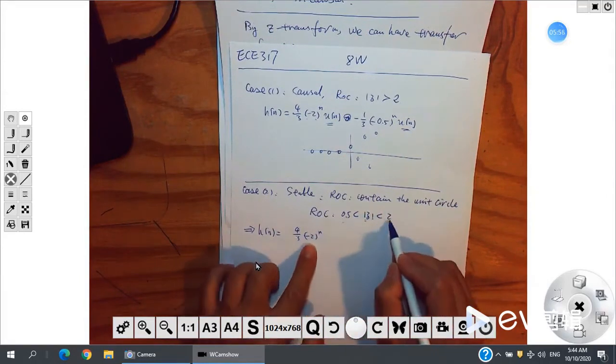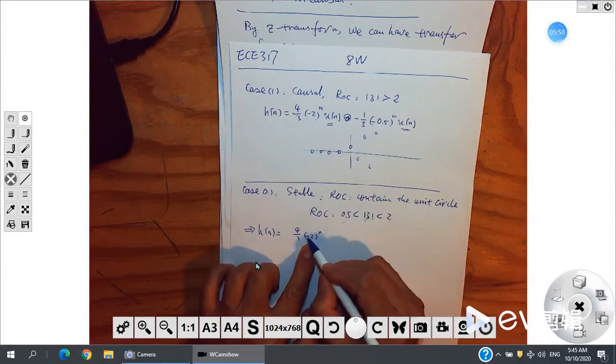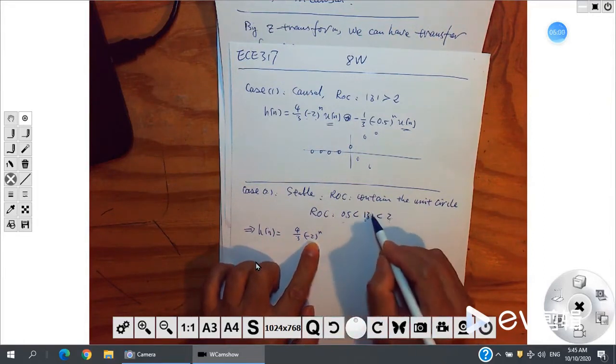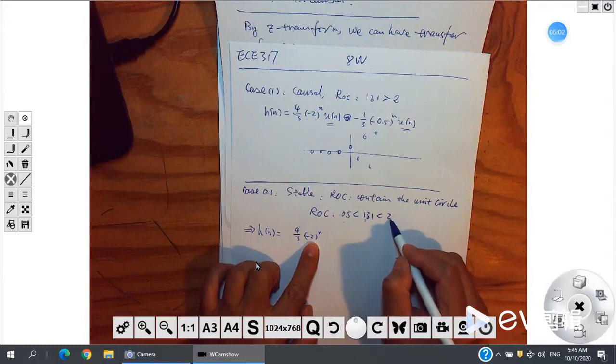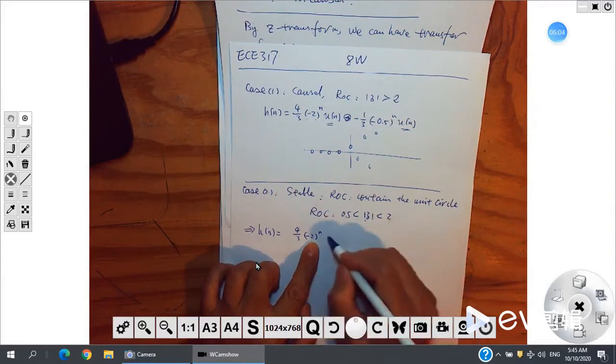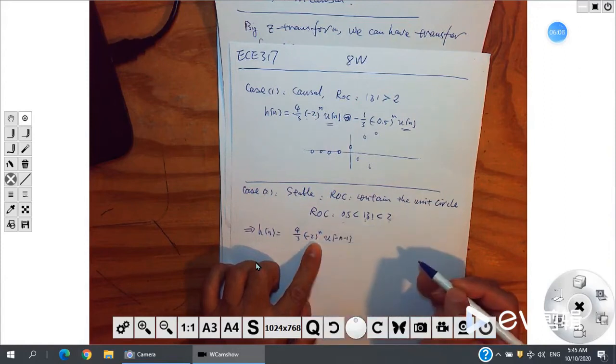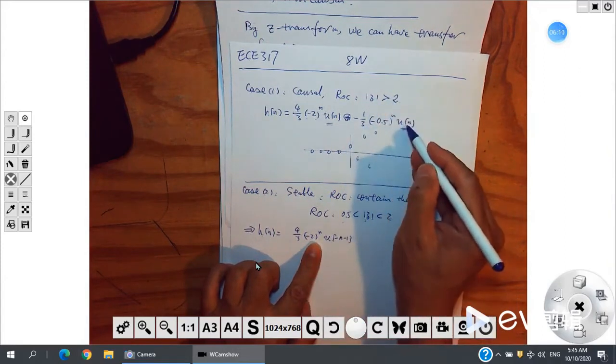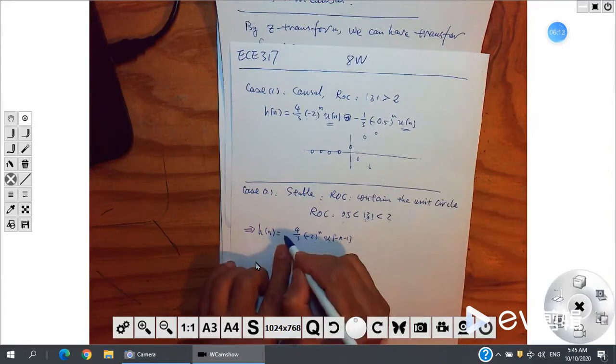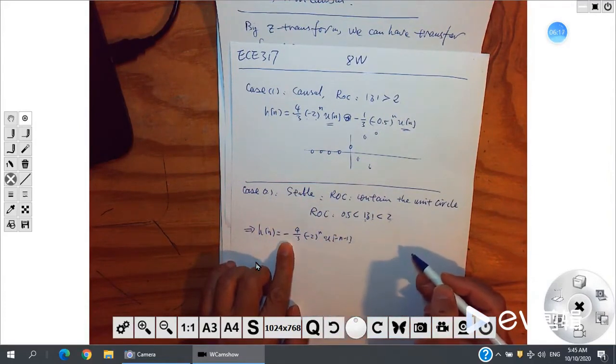Absolute value of negative 2 is 2. And the RC is z smaller than this 2, so here will be u of negative n minus 1. If it's larger than 2, here's just u of n. And furthermore, you need a negative in the front. Okay, so this is the first term.